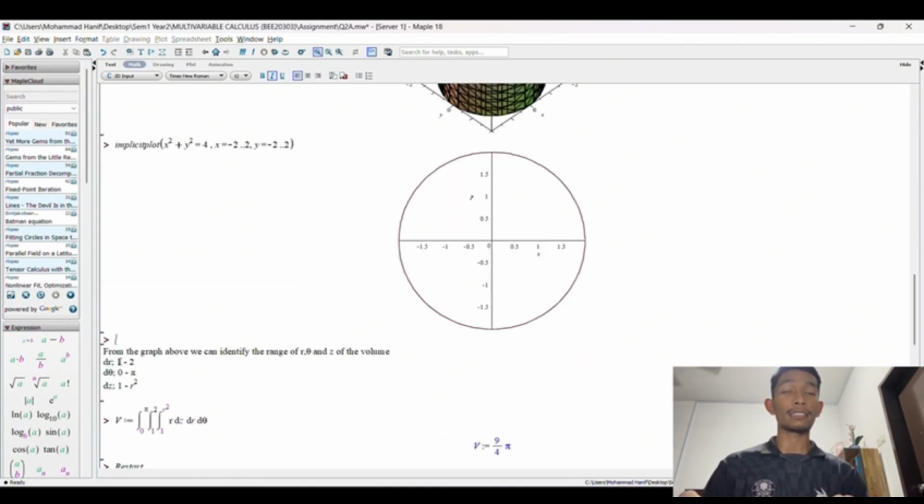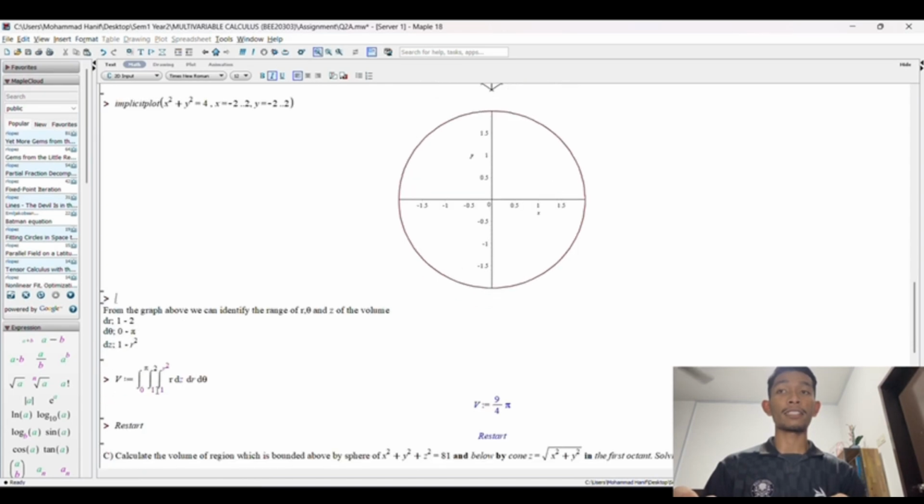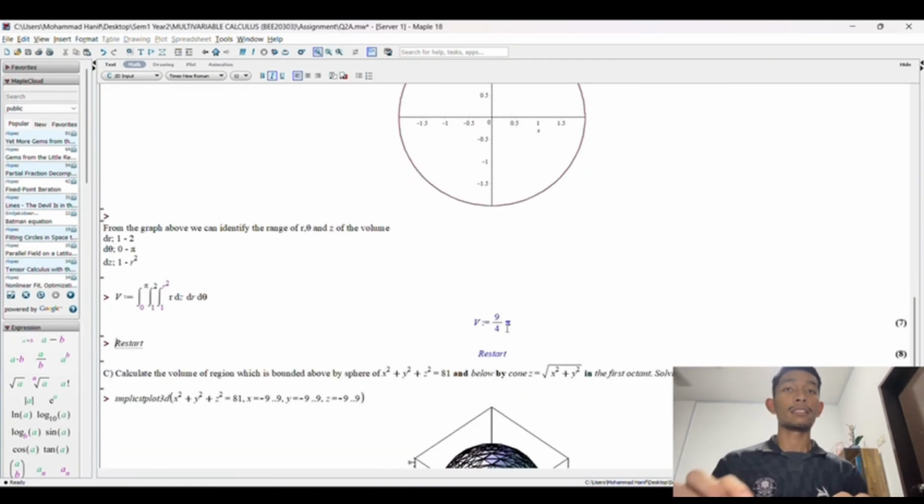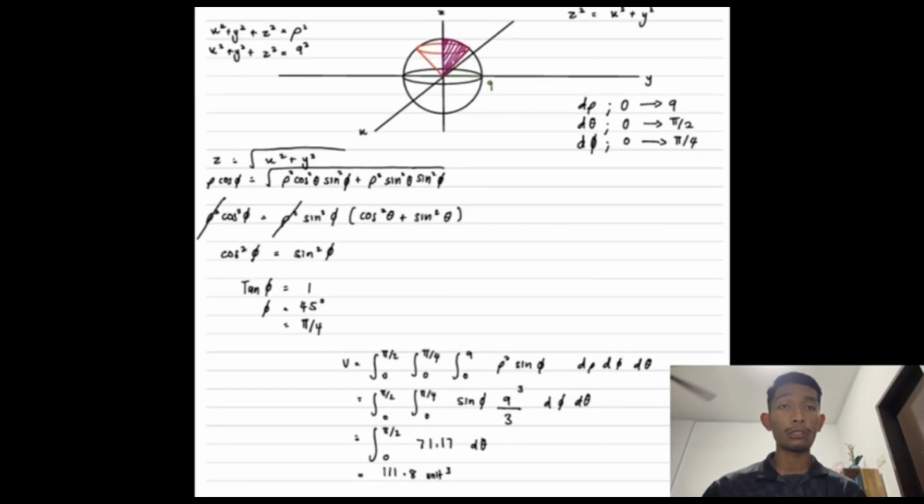The limit of r is 1 to 2, theta 0 to pi, z 1 to r squared. After that, we insert the limits in the solution and we get the volume is 9 over 4 pi.